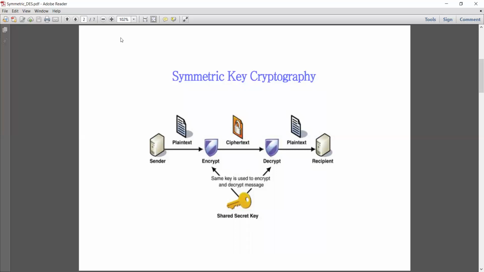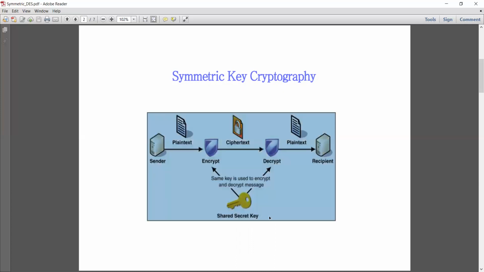Now, when the sender sends the message, he or she encrypts that message to produce the ciphertext by using a key which is called the secret key. Look at this, secret key.